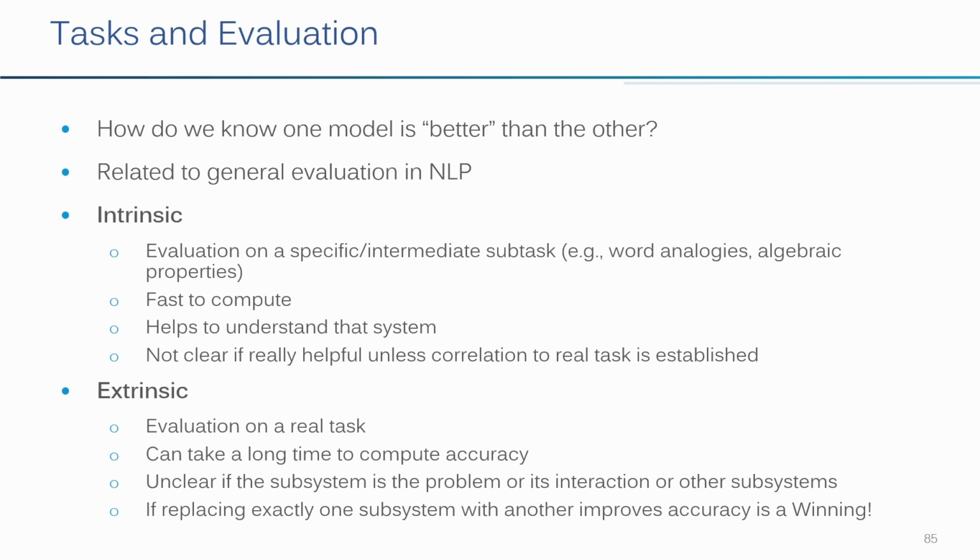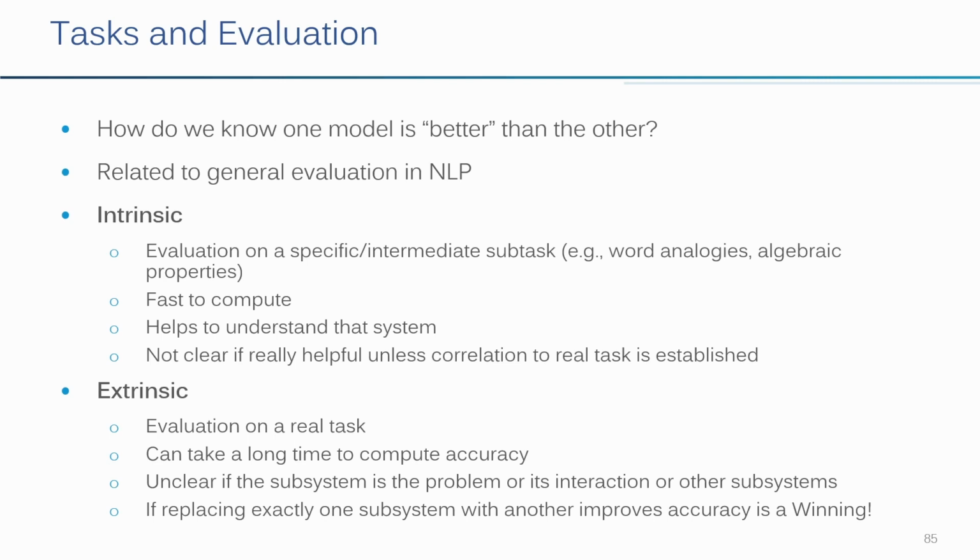On the intrinsic evaluation, we have a subtask which is not that expensive to train, for example, checking the quality of our word vectors, or the quality of our language model, etc. But ideally, we want our models to be better on the actual extrinsic evaluation, which is the real task per se: document classification, word disambiguation, sentiment analysis, and so on.